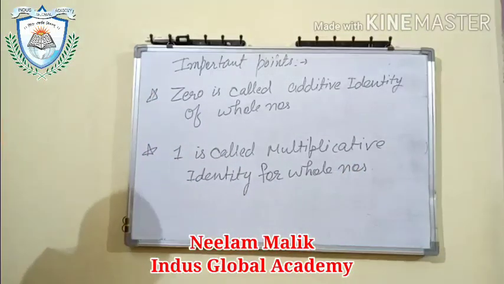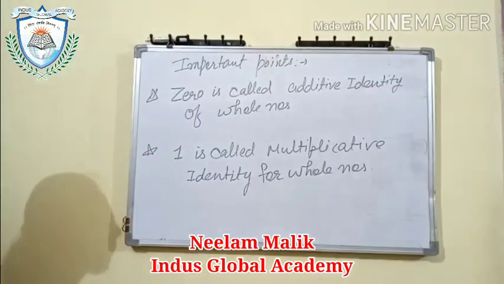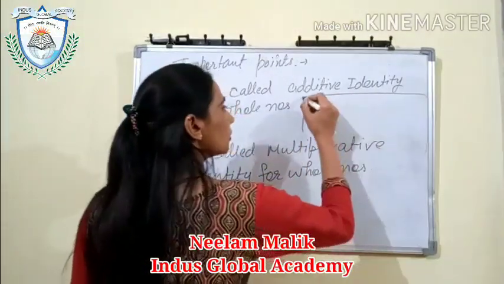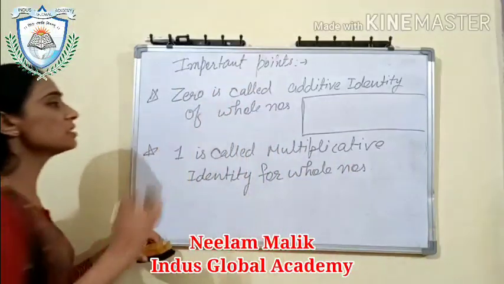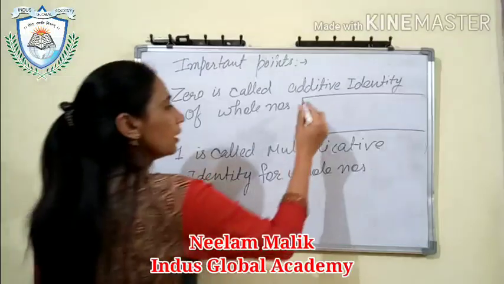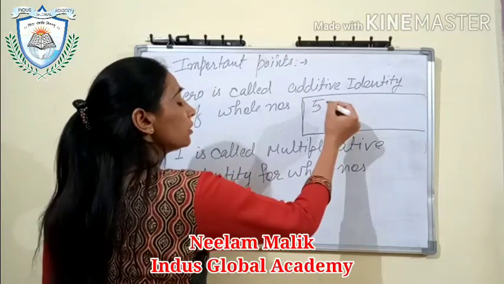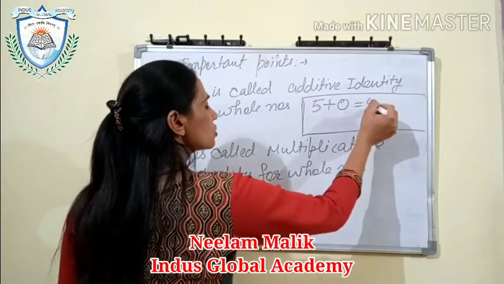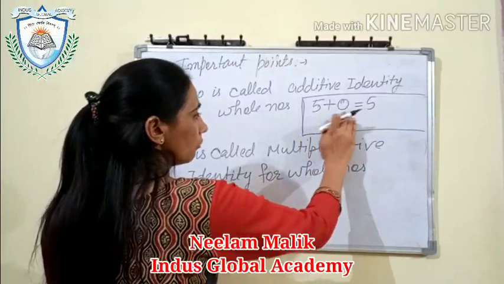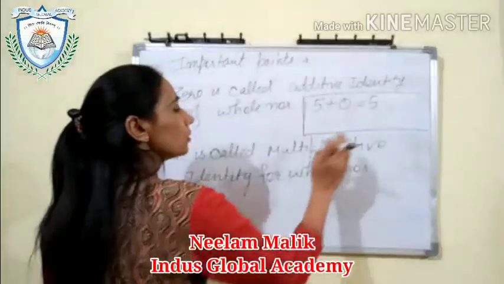So why we call 0 additive identity and why we call 1 is multiplicative identity? Because when we are adding 0 in any number, so after the addition of this additive identity, that is 0, we are getting the result same. Suppose if you are having take any number, you are having 5. Additive identity means you will add, if you are adding 0, so still your answer is same. Yes, there is no change in the answer. So that's why we need a number. If we will add that number in any number, so answer will be same.